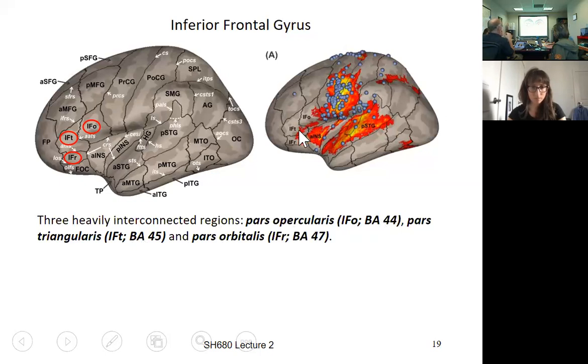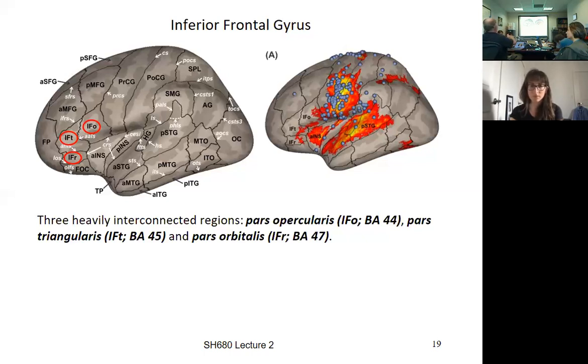So pars opercularis is called opercularis because it includes the frontal operculum. But the frontal operculum also moves a little bit into pars triangularis, so really the frontal operculum is the part that's most important for language for those areas, not the lateral surface of the inferior frontal gyrus pars triangularis, but this part.